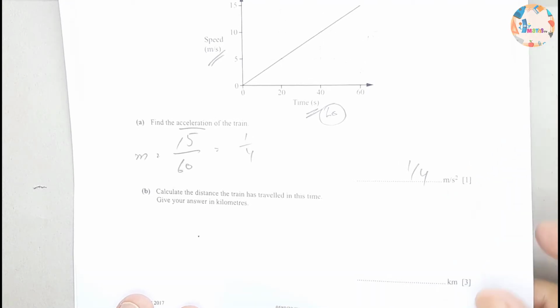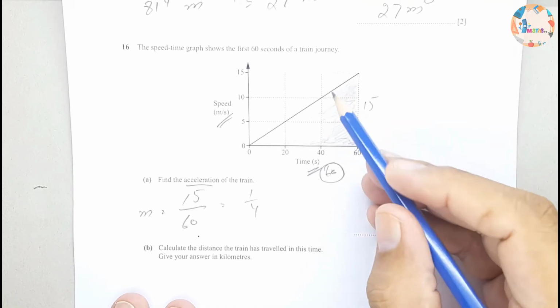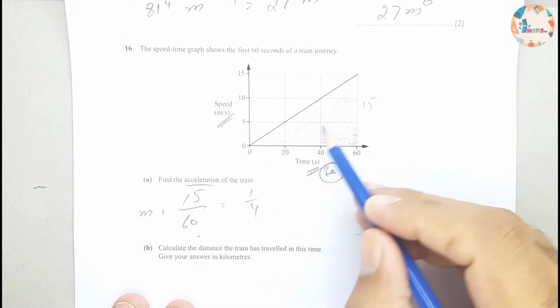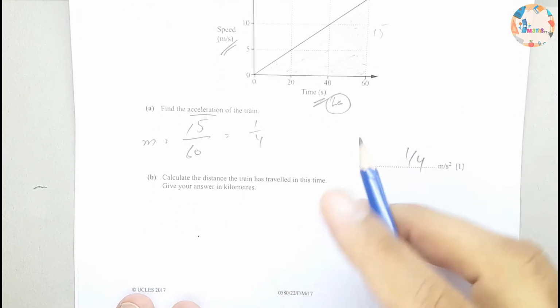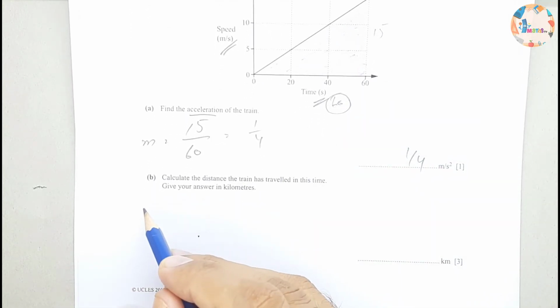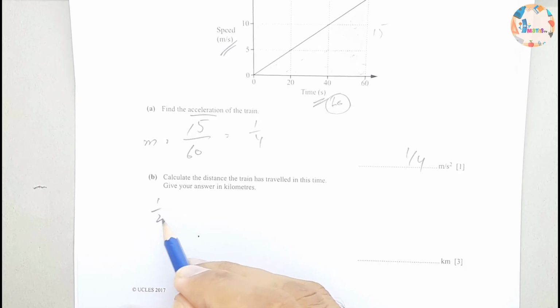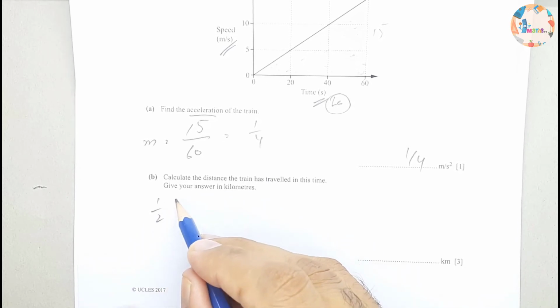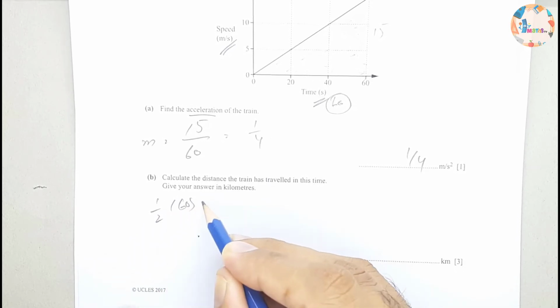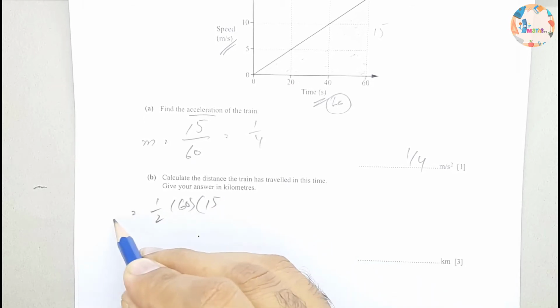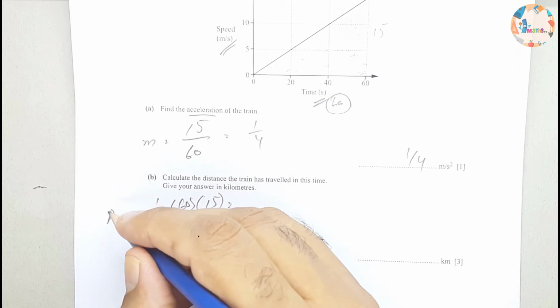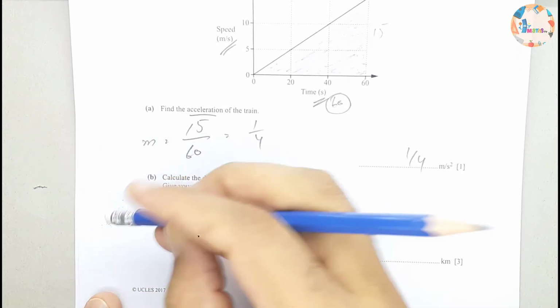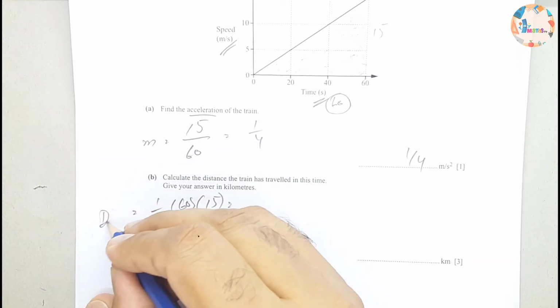So in speed time graph, the area under the graph, which is this shaded portion, gives us the distance covered. So how can we find it? This is basically the triangle. So area of the triangle we can write as half into base into height. Base is 60 and height is 15. So instead of writing area we can write distance.